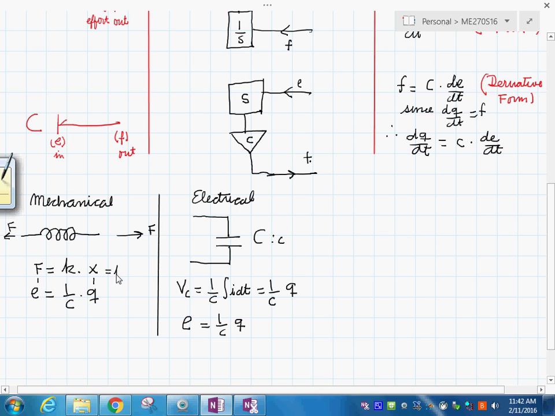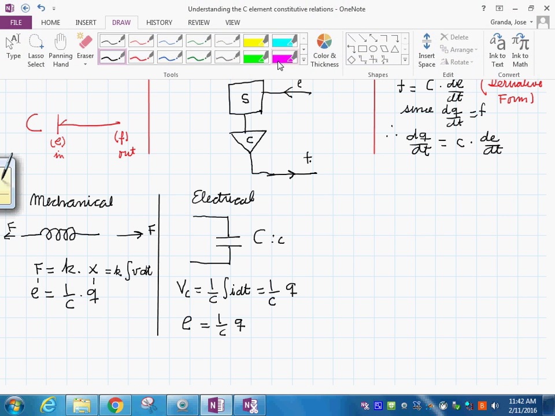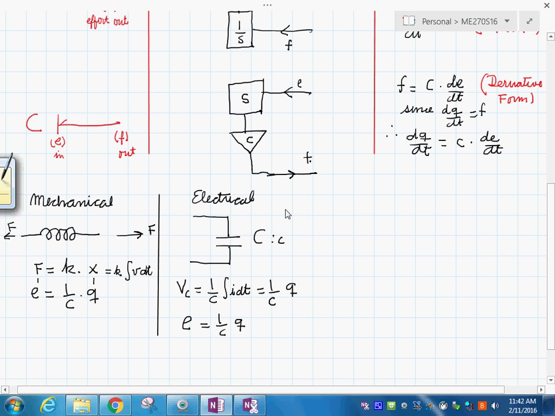In the hydraulic realm, you have like a tank in here, which is a storage tank, where you have Q and then you have this tank like that.